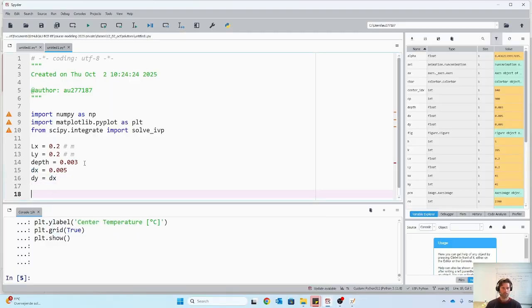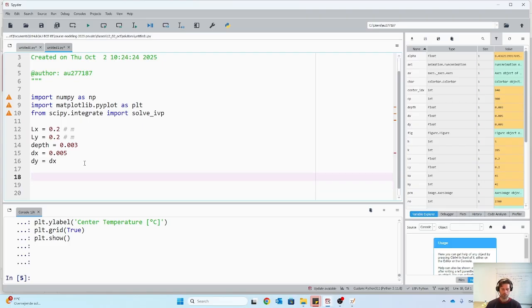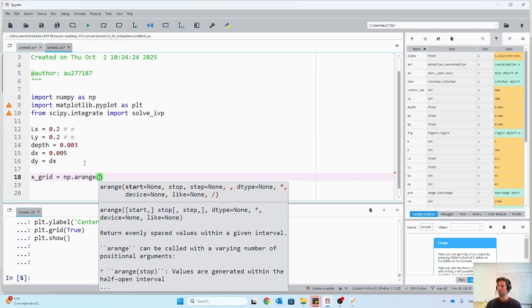Because we have two dimensions, we need to make a spatial grid for both dimensions. We call it the X grid and the Y grid. And like for the 1D problems, we define the grids with np.arange.